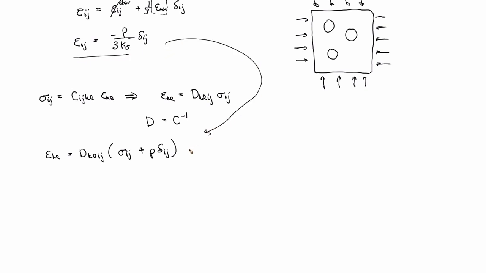So then we're going to have minus 1/3 K_s P delta ij. So this is the strain of the skeleton minus any strain that's in the solid material only. And that's the total strain.